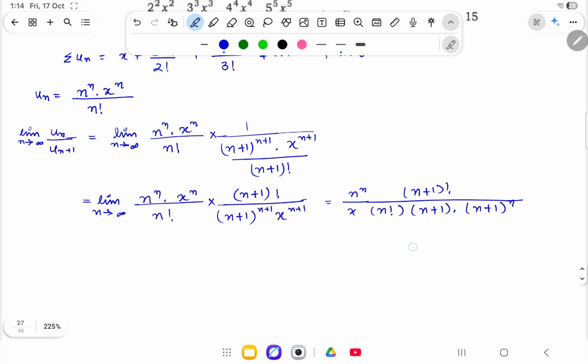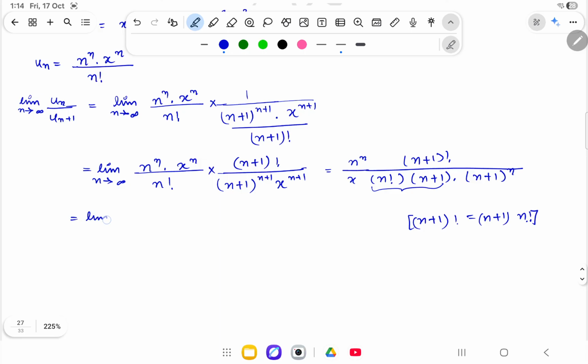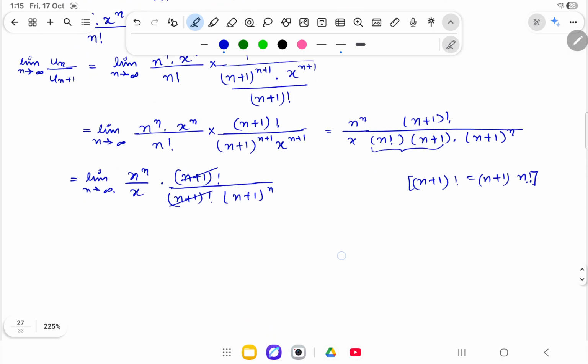Now we know that we can write n plus 1 factorial as n plus 1 times n factorial. So I can just club in these two terms to write them like this, limit n approaches infinity n raised n divided by x times n plus 1 factorial divided by n plus 1 factorial times n plus 1 raised n. Now this n plus 1 factorial we can balance out from both numerator and denominator.